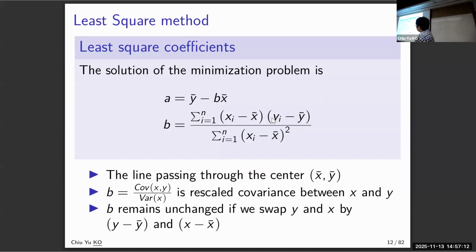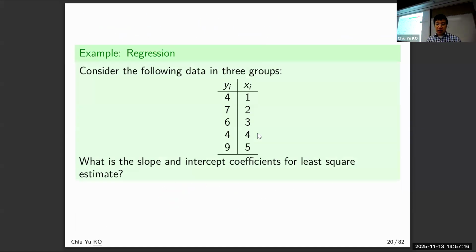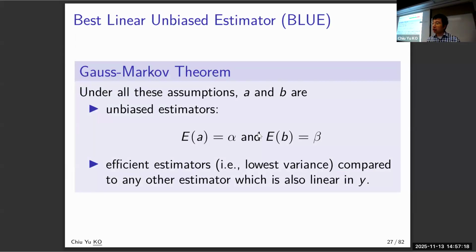It's based on a linear estimator. And this result says that as long as you are focusing on linear estimators, this formula for A and B is the best. So that means you can't beat the idea of least squares. Least squares is one of the best things you can do.